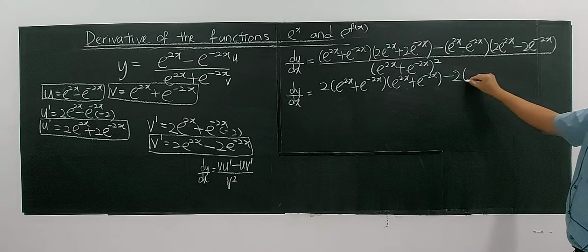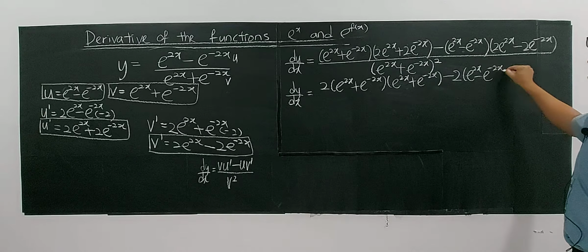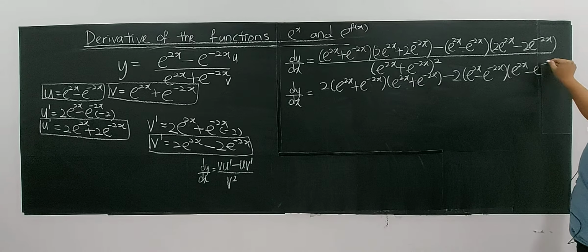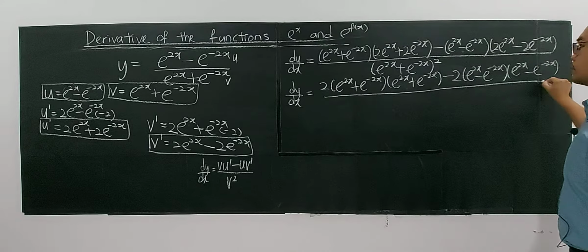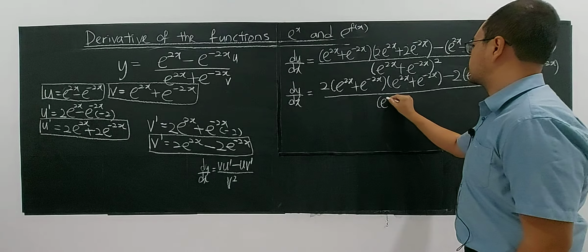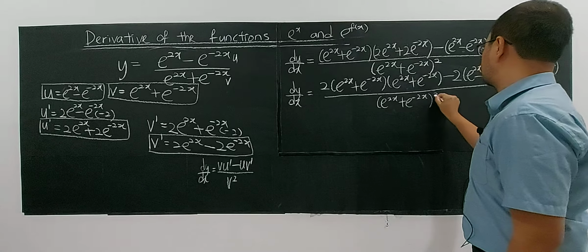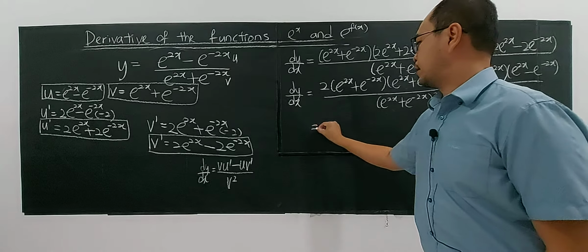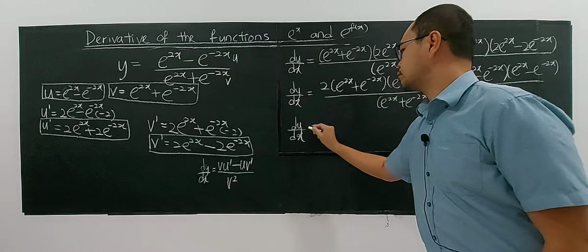So I will have e to the negative 2x, e to the 2x minus e to the negative 2x, divided by v squared. Right? So I further simplify, so that I hope that I can get something.